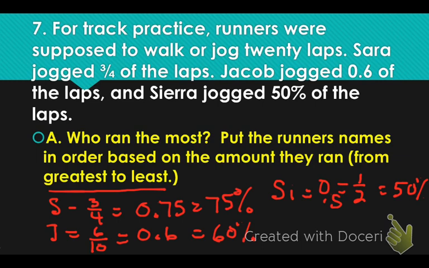Sorry, different order, but actually they are in order. So Sarah would be first, and then Jacob, and then Sierra. If you had them listed in this order, you got it right. Put a check mark. If not, copy it down. Here we go, next one.